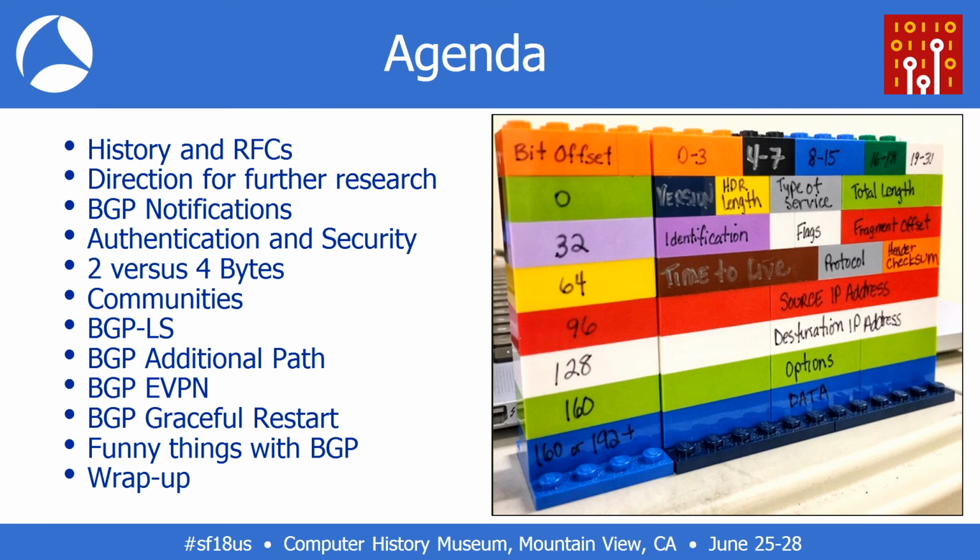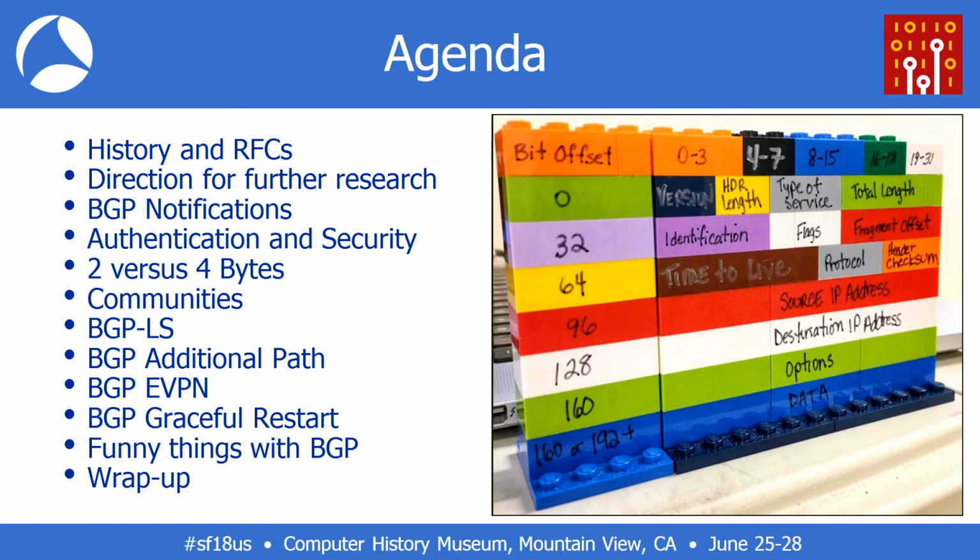BGP was originally designed to announce prefixes, to route prefixes. BGP is a control protocol for data protocols, and IPv4 is one of these data protocols. Right now we have more than IPv4: we have IPv6, we have layer 2 MAC addresses, and more.